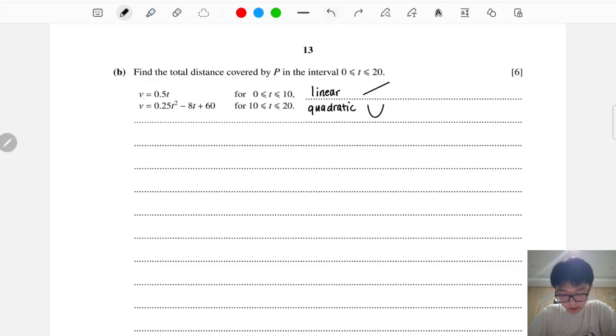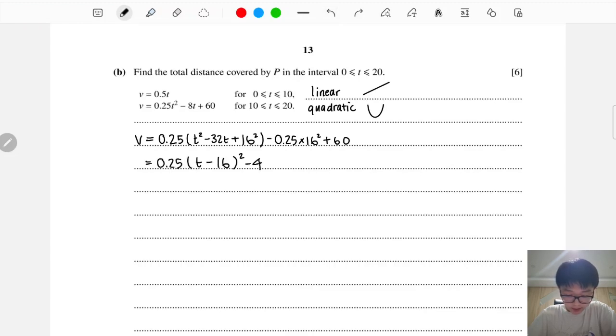So the first equation is linear and the second equation is quadratic, right? Linear is very straightforward, but for the quadratic, let's find the turning point and the x-intercepts. So we can find the turning point by using complete the square, right? We find out that the turning point is 16, negative 4, and the turning point is actually below the x-axis.